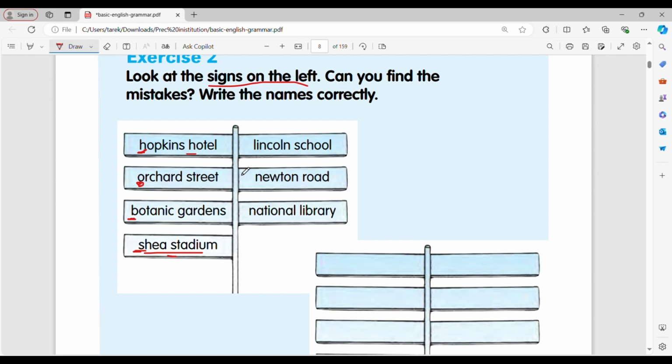Okay, we have Lincoln School. Lincoln, the L. Okay, we have Newton Road, the N. Now we know that every name we should capitalize it. Okay, last one we have is National Library. So the N in National Library, we should capitalize it.